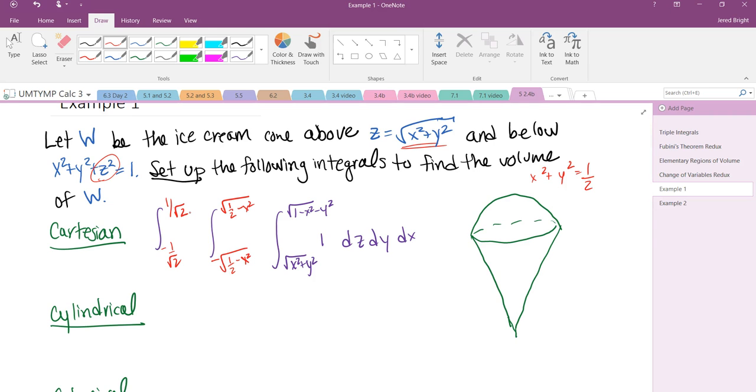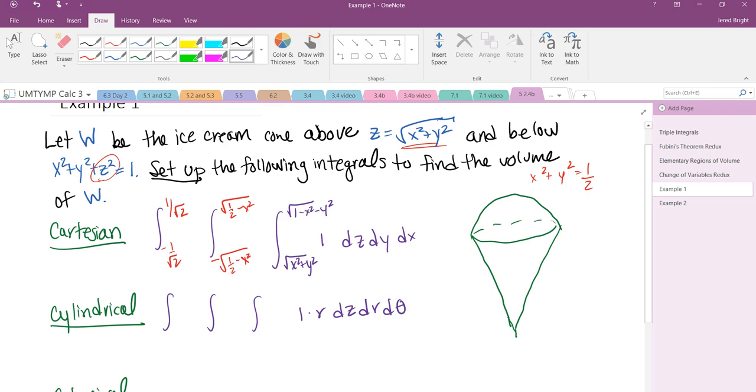Okay, if we change to cylindrical, I think our lives get a lot easier. So again, if I think about this, I would be hard pressed to do this thing in Cartesian myself. I would much rather do it in cylindrical or maybe even spherical. But in cylindrical, remember you need that Jacobian r, and then we have, I'm going to do dz, dr, d theta.